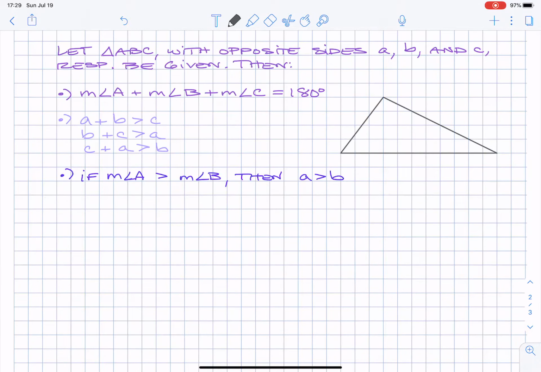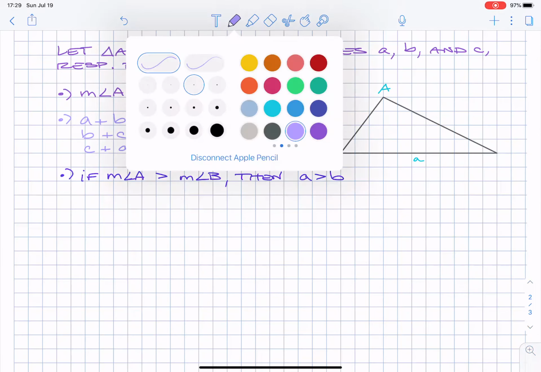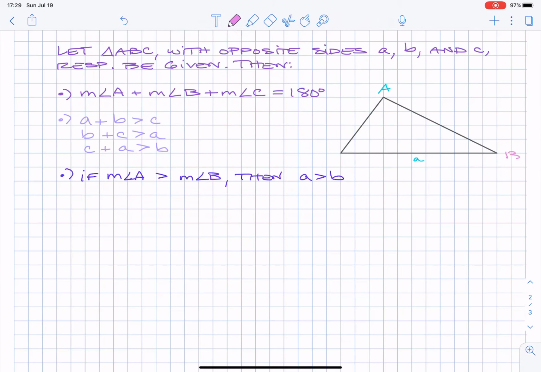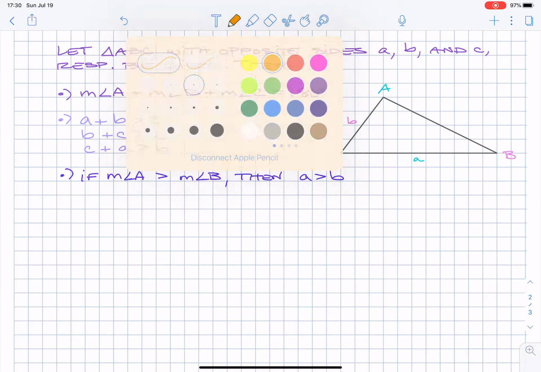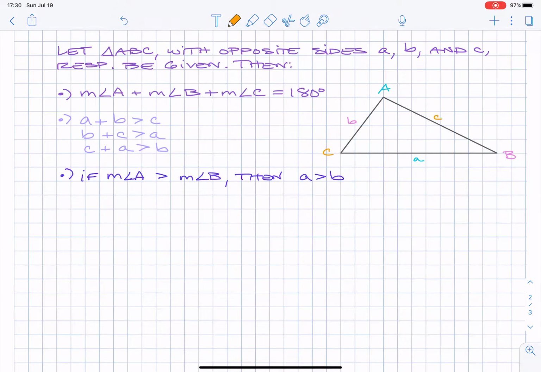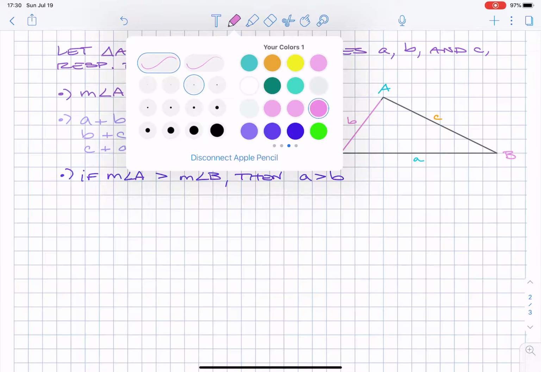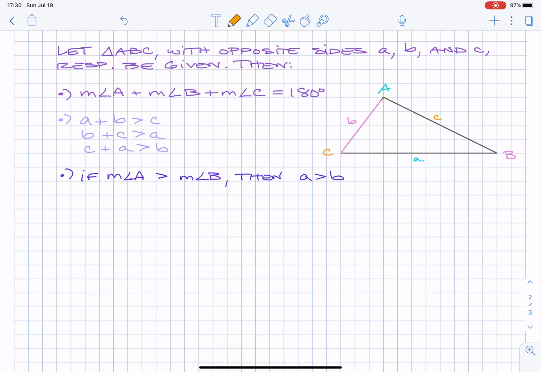At a triangle. So let's call this A with opposite side A. Let's do a different color than that. B, that's a terrible B, with opposite side little b. And C with opposite side little c. So notice that the length of side B plus the length of side C is definitely larger.